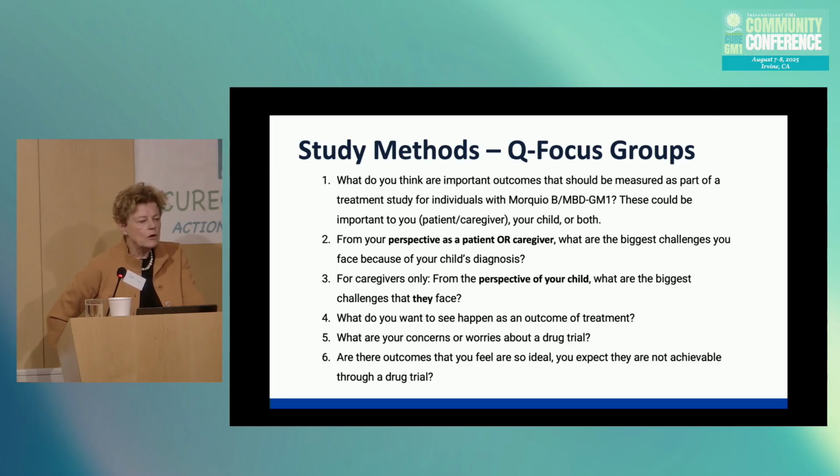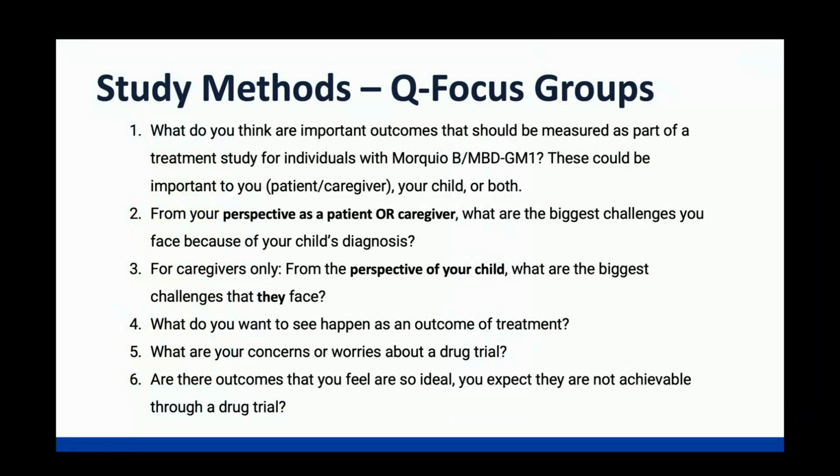I have Morquio B disease here because, as you will see at the end in my acknowledgements, our study is funded by the Priest Family Fund, which is a fund to support research about Morquio B disease, which is a very rare presentation of GM1 gangliosidosis. Sorry? Five minutes. Okay.